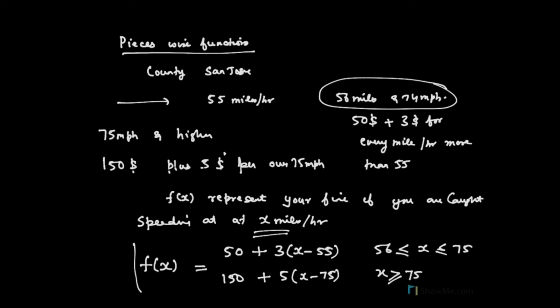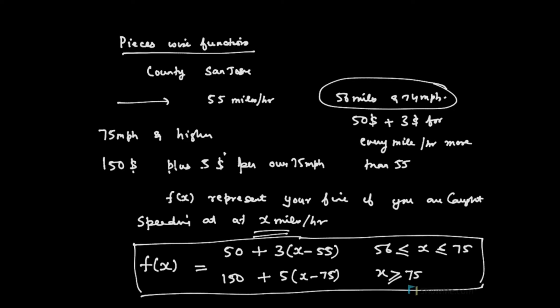Now this is the function which you're going to input on the fine machine, which is going to calculate the fines. So at any stage, if the radar detects that you are traveling at a speed of 60 miles per hour, now you want to calculate the total fine you have to pay.